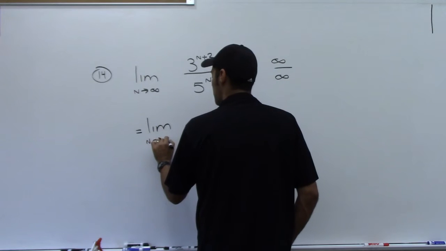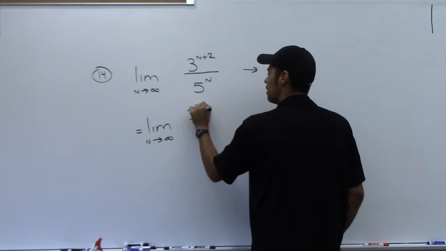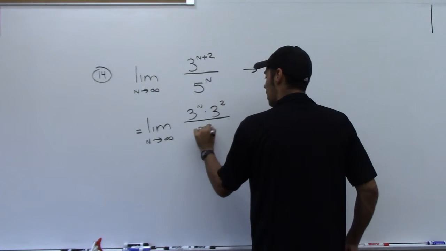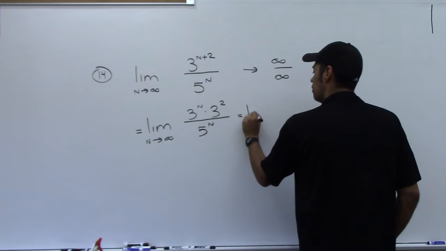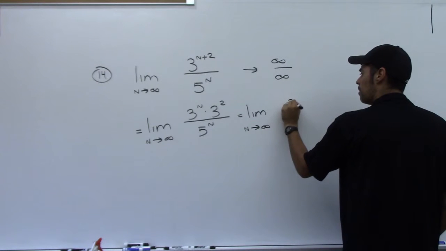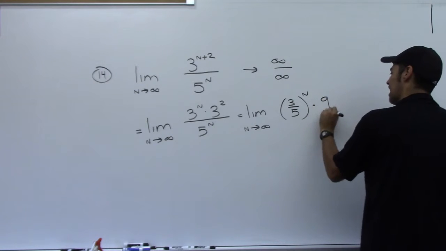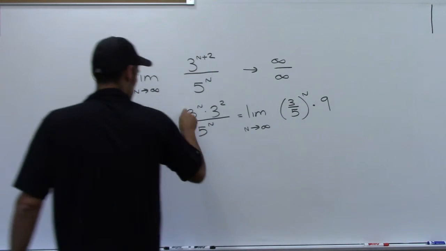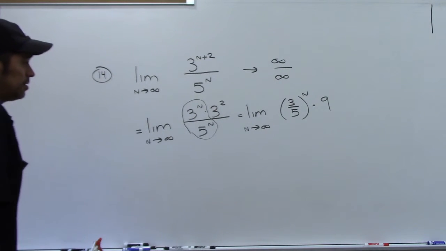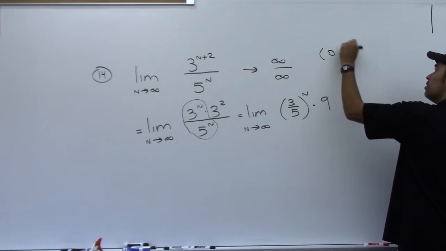Because both the 3 and the 5 are raised to the n power, I can rewrite the top like this. We did this earlier when we were trying to find the formulas. That's equal to limit as n goes to infinity of 3 over 5 to the n times 9. So I put these two together into a single fraction. 3 squared is 9. And so I'm trying to figure out what happens here. Well, we saw this earlier when we did 0.2 to the n.